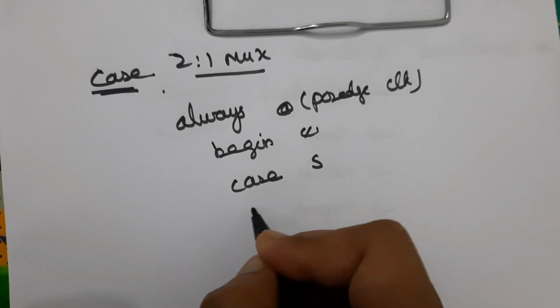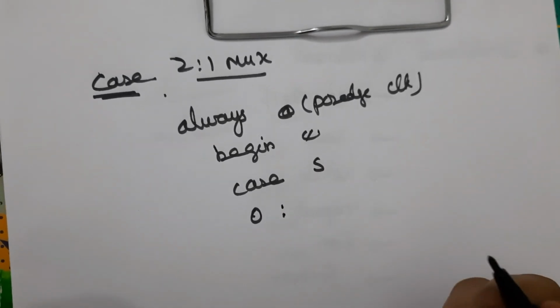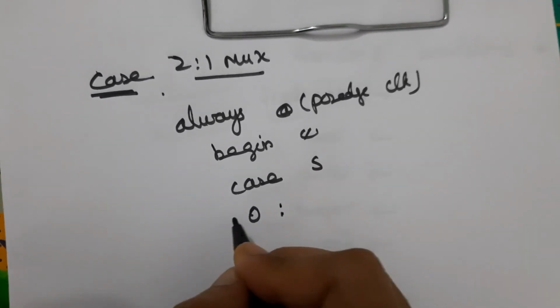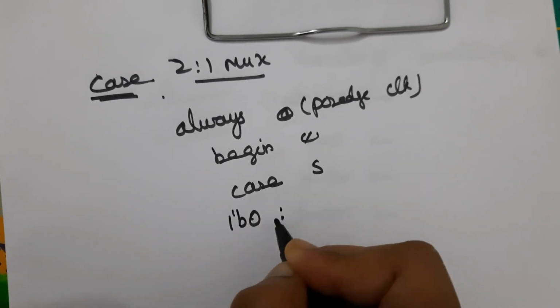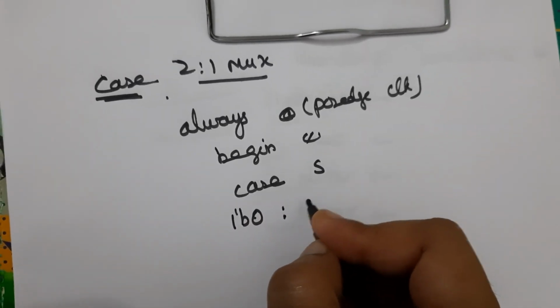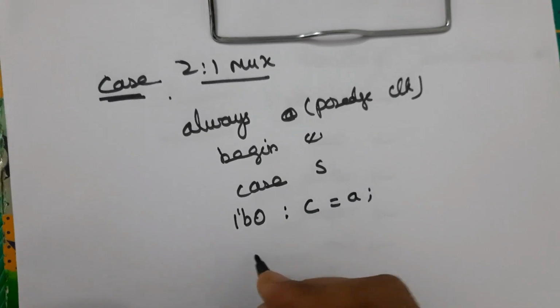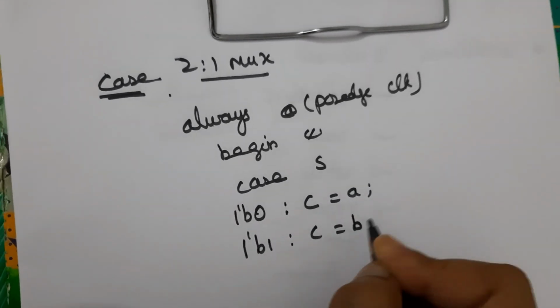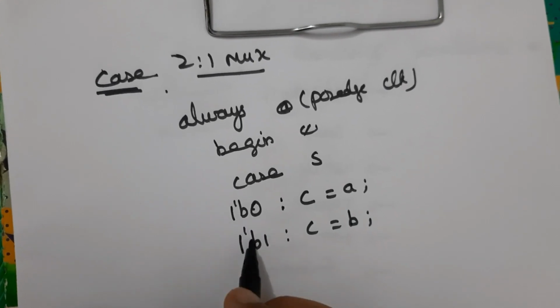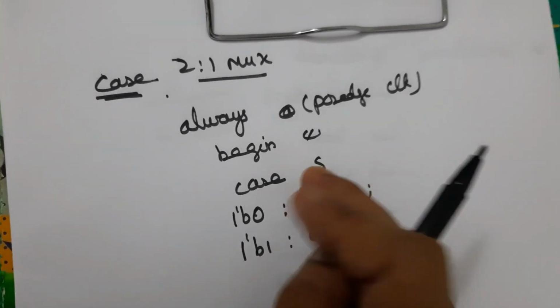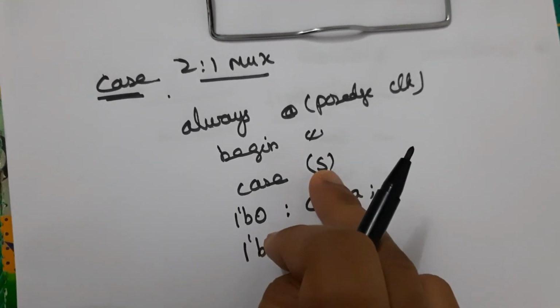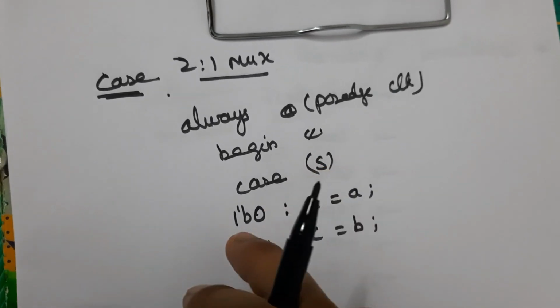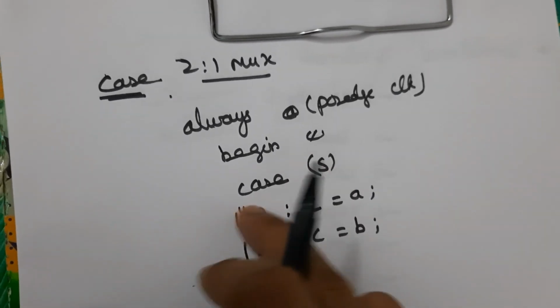So now S is equal to 0, that is 1 bit 0, we will get C is equal to A. Then 1 bit 1, we will get C is equal to B. And here this is the value for this S. So whatever condition you write here, this is the condition for this value.